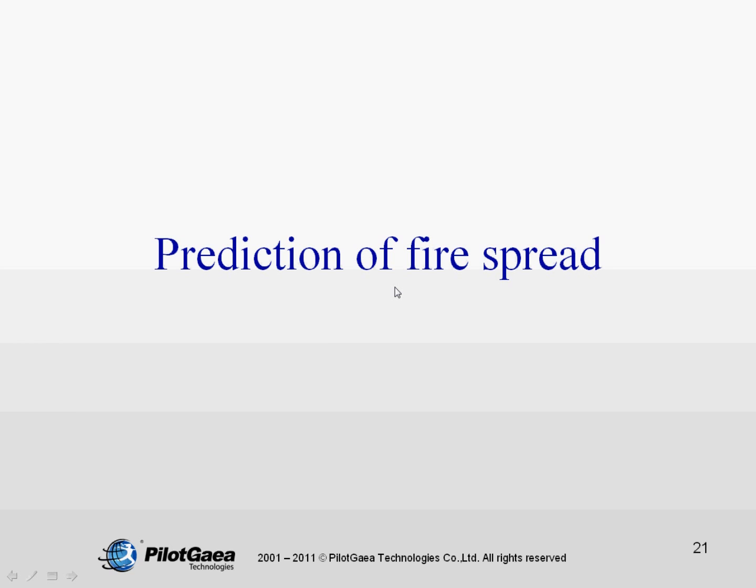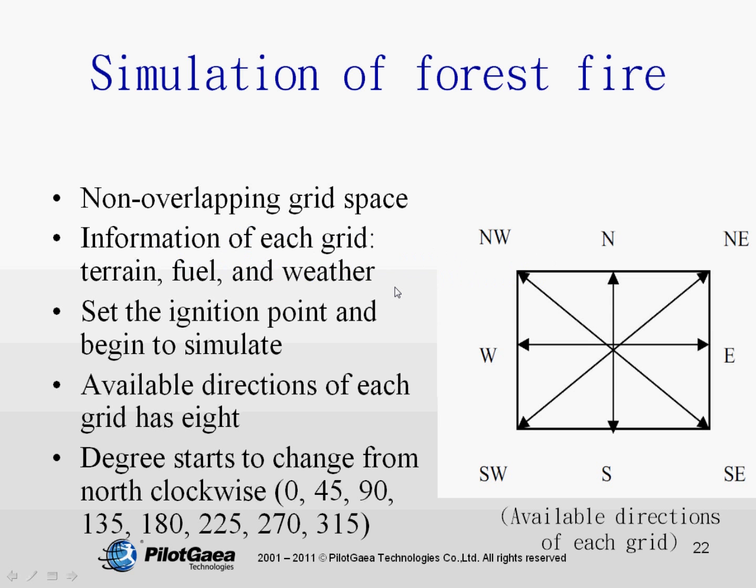After seeing the system parameters, including the introduction of input and output, let's see the prediction of fire spread. This part includes the direction and range of fire spread. First, the system divides the whole forest into a non-overlapping grid space.